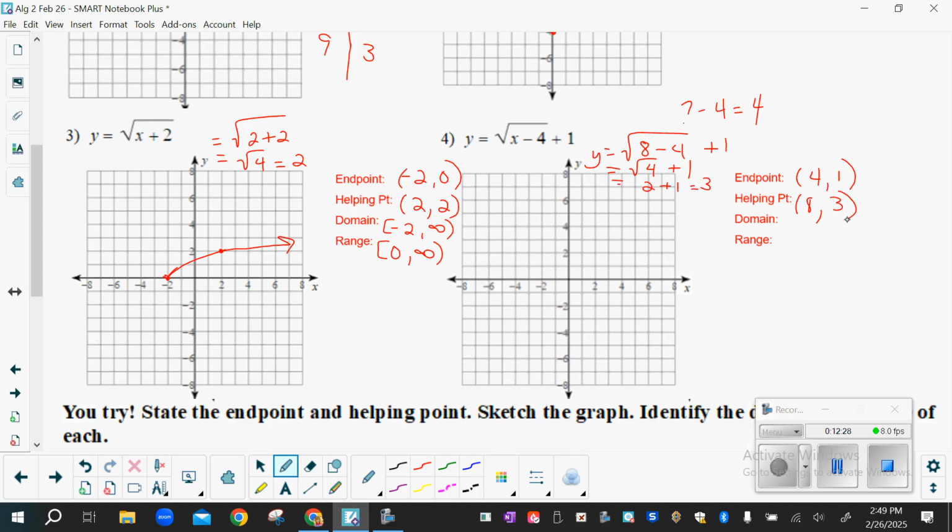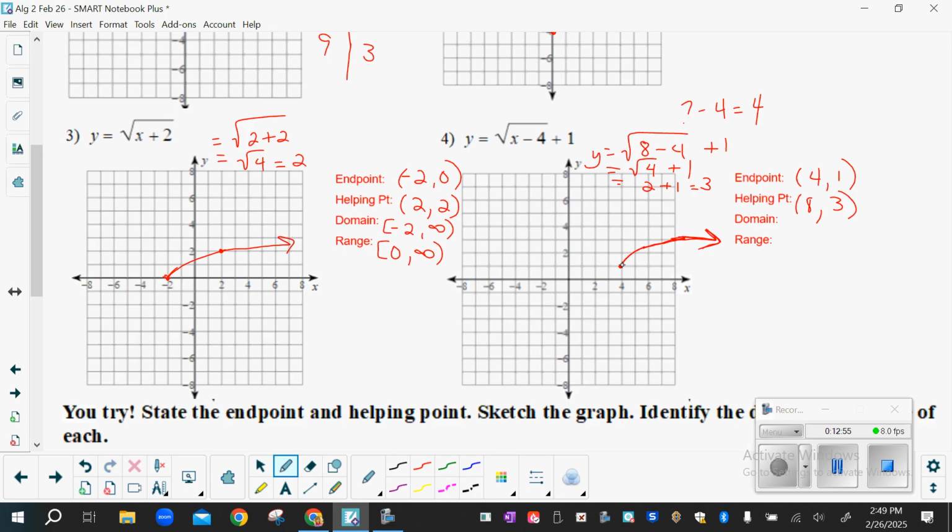So 8, 3. Questions on that? Everyone should be doing this today, so please ask me if you have questions, or somebody else in your group. So 4, 1 and 8, 3. This is my starting point, my end point, and then let me draw it a little bit better. And then there's my graph.